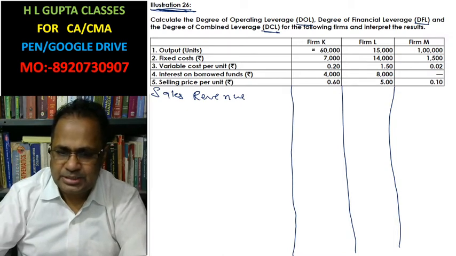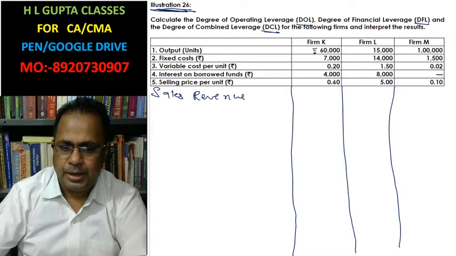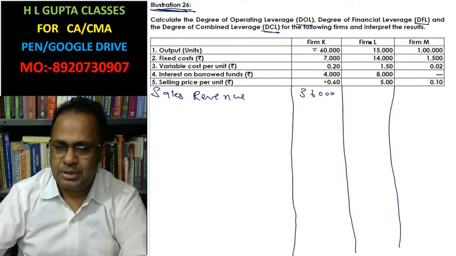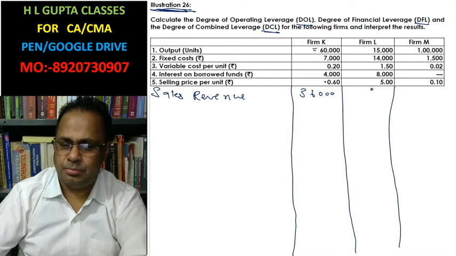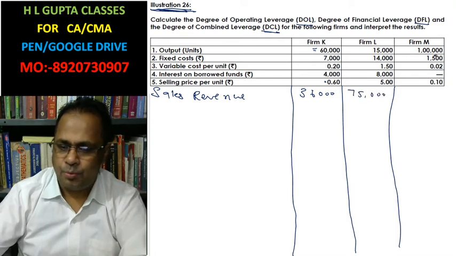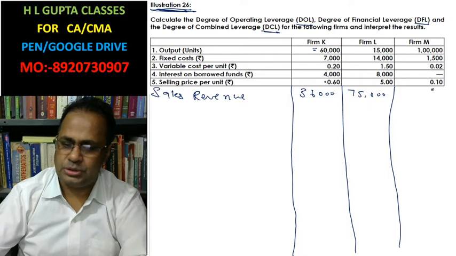Sales units are 60,000 at the selling price given, so this is 36,000. Then 15,000 at the rate of 5, this is 75,000. Then 1 lakh at the rate of rupees 0.10, this is 1 lakh 10,000.